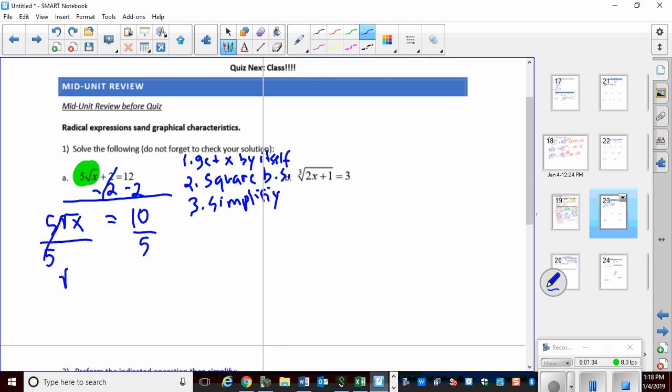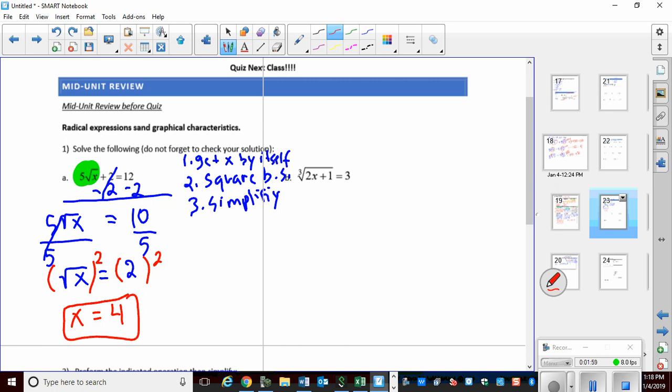And I get the square root of x equals, sorry, where did I get 50 from? 10 divided by 5 is 2. I'm going to square both sides. Notice I'm using parentheses. And x equals 4. That's my final answer. Okay?